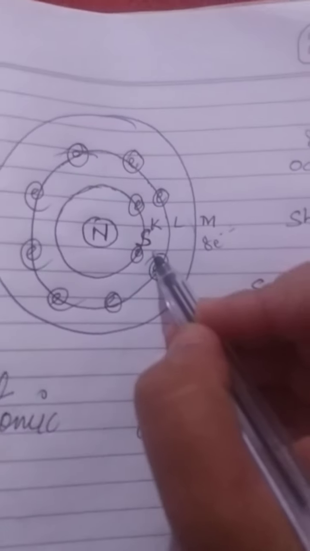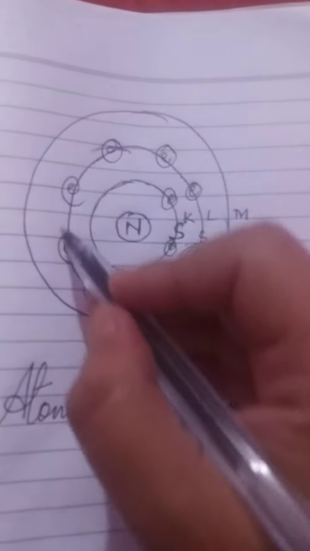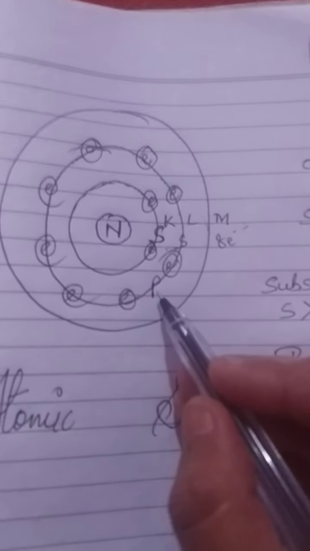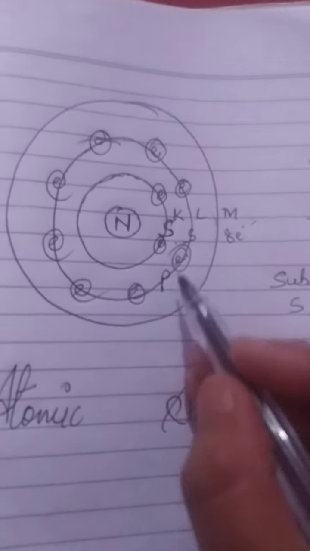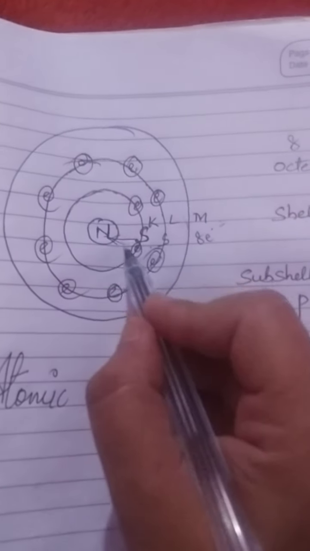The second has 8 electrons. Out of this, 2 are of S and 6 are of P. So 6 plus 2, 8 electrons, right? So S has more penetration effect than P.